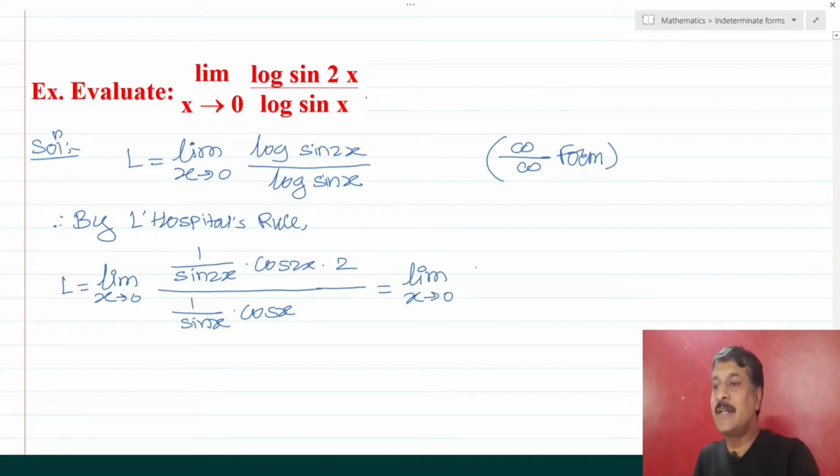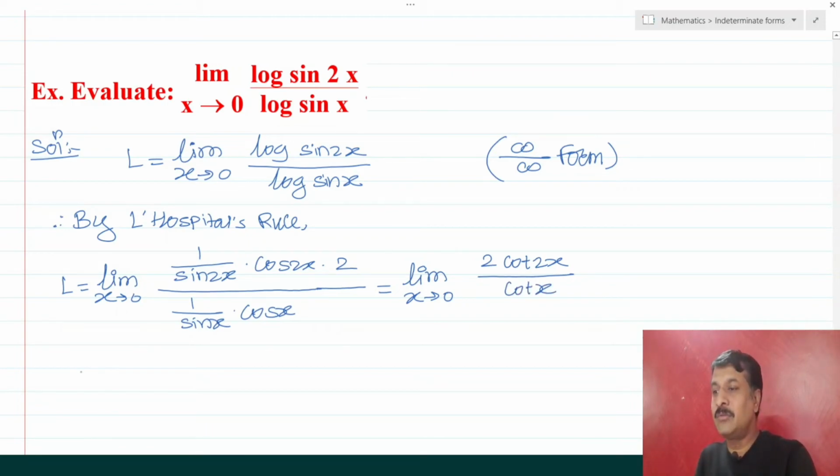So I am getting here 2 into cos 2x upon sin 2x. It is cot 2x, because cos by sin is cot.